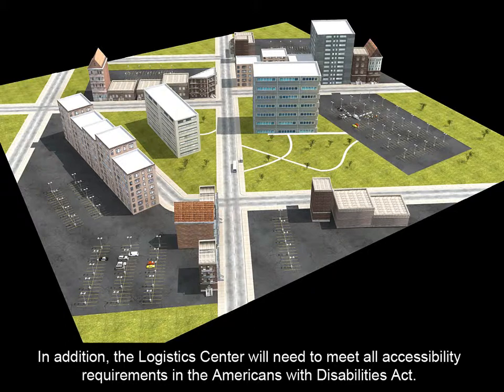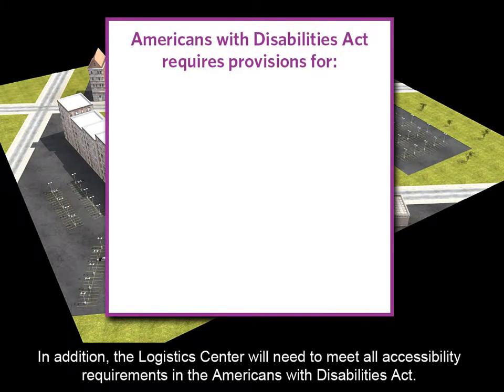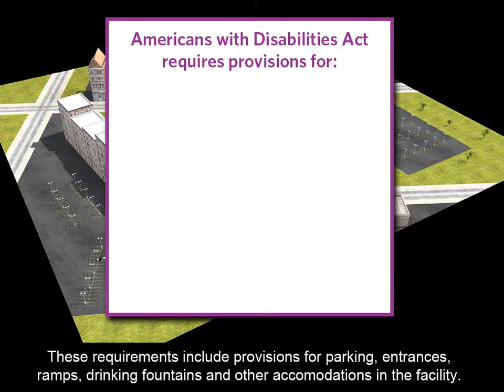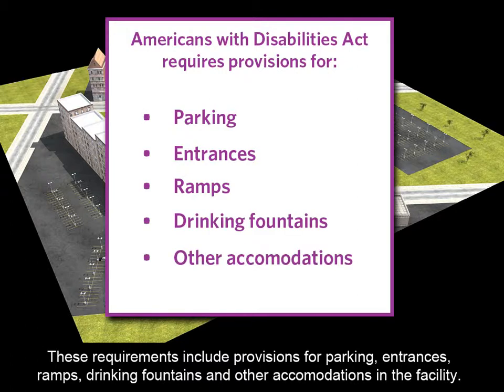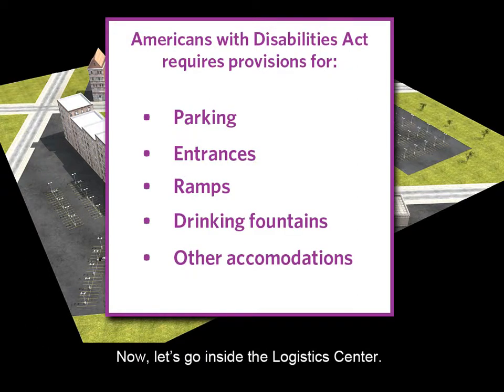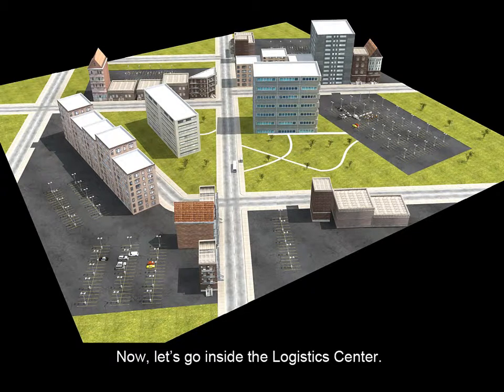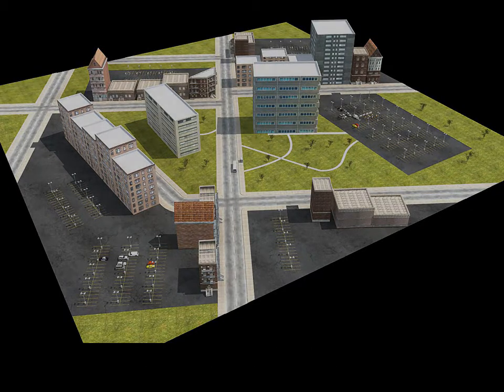In addition, the Logistics Center will need to meet all accessibility requirements in the Americans with Disabilities Act. These requirements include provisions for parking, entrances, ramps, drinking fountains, and other accommodations in the facility. Now, let's go inside the Logistics Center.